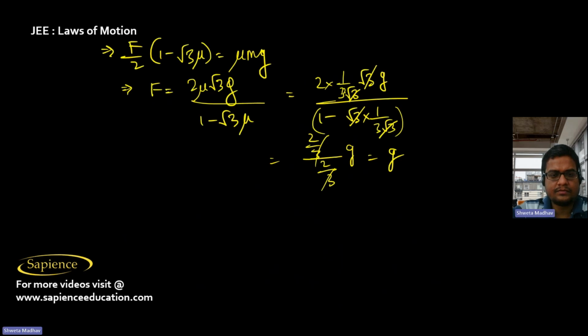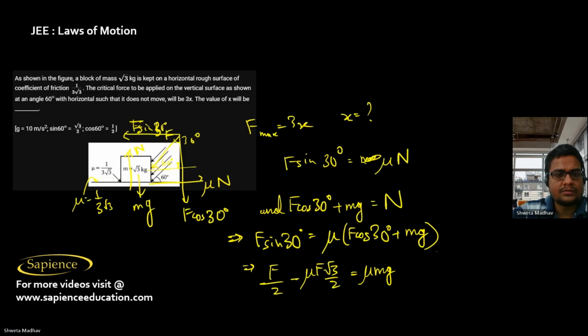So F equal to g. So F will be equal to 3x, that is equal to g, that is 10. So x will be nearly about 3.3.